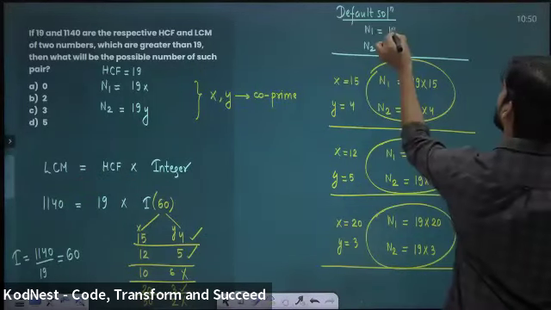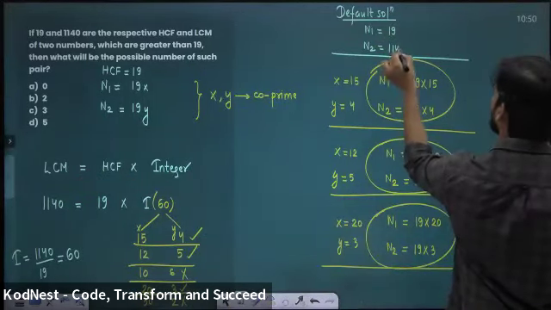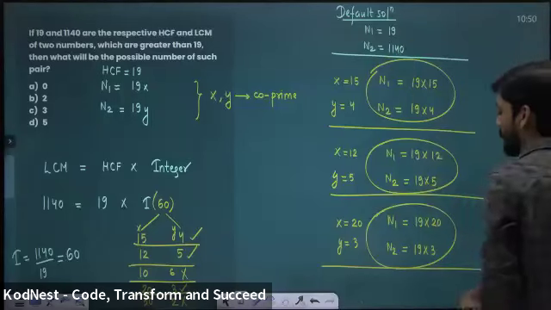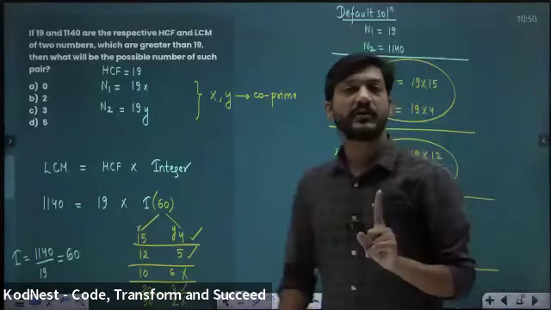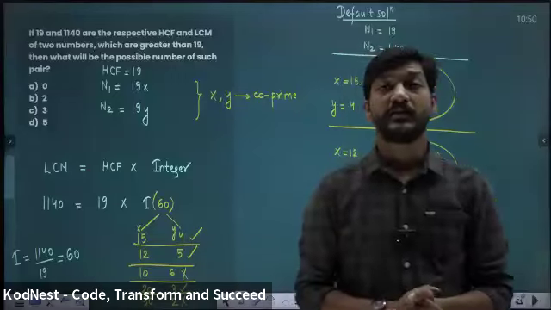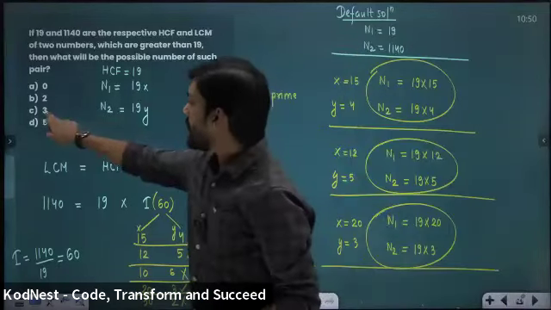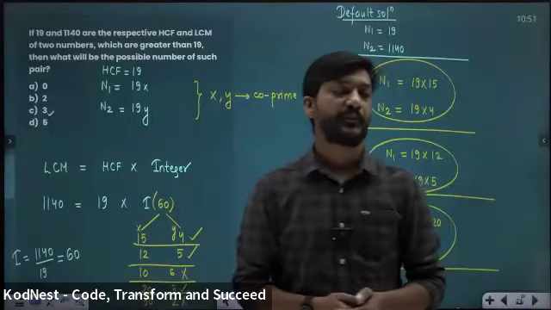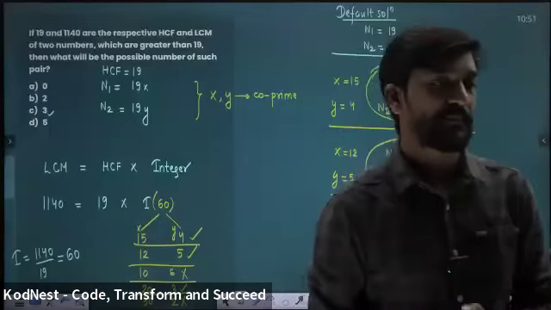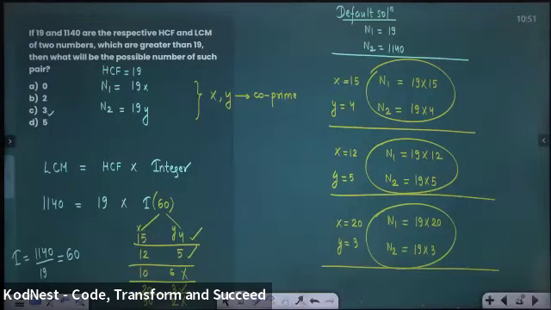So 19 and 1140. This is the default solution. Carefully answer. Would you take this also and say, sir, the answer is not 3, the answer is 4 pairs? Carefully look at the question now. Would you count this also?